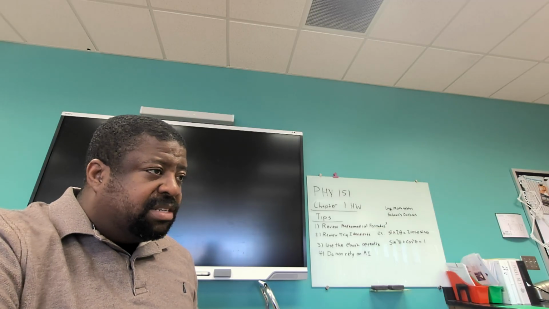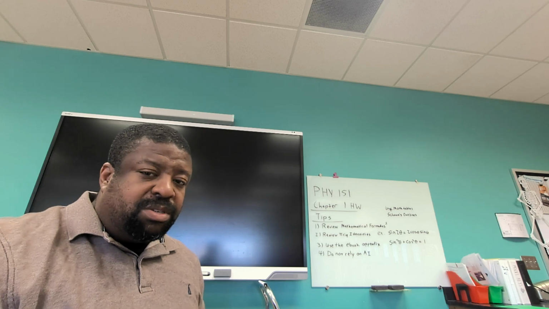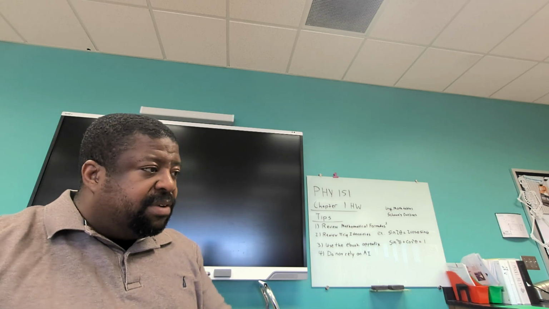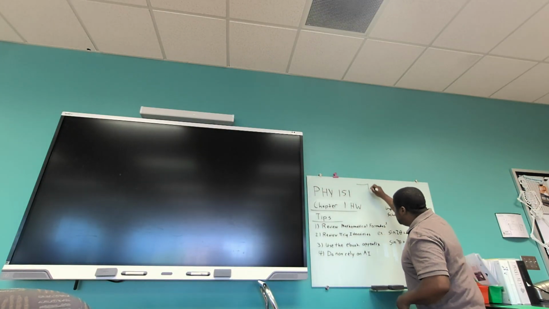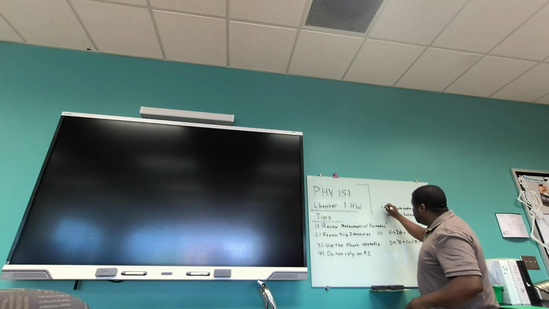For example, you might have a problem dealing with similar triangles. That's a technique. If I draw it on the board real quick, let's say I have a building and a person standing in front of that building.